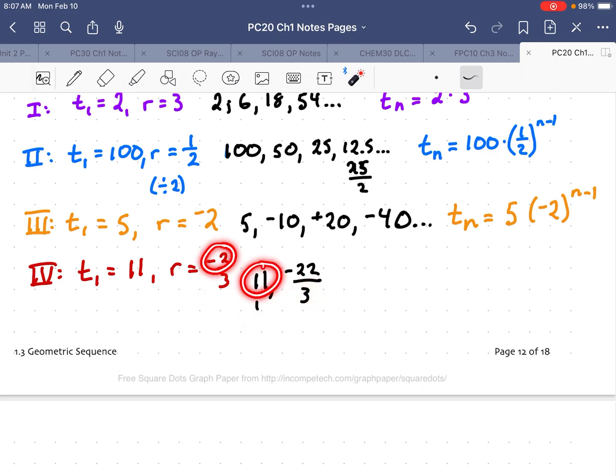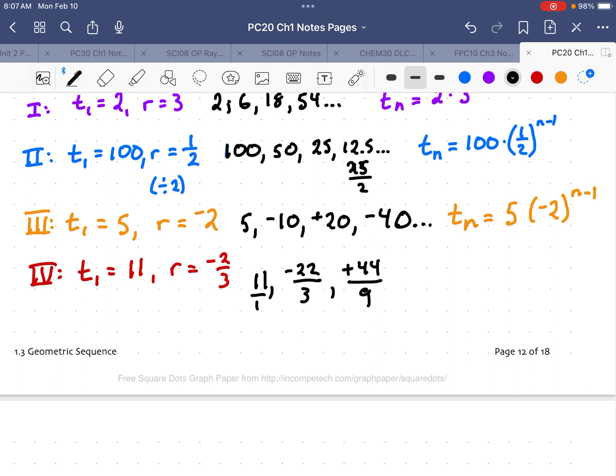Take our 11 times it by negative 2 to get negative 22 over 3. Our next one, we're just going to multiply by negative 2 over 3 again to get plus 44 over 9. And our next one is going to be negative 88 over 27.